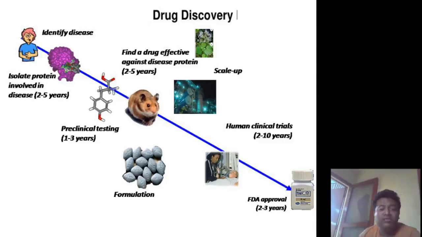discovery. Whenever we see the concept of drug discovery, the first thing to see is what the disease involved is. That means we first need to identify the disease. The second is we need to find the protein that is causing the disease.